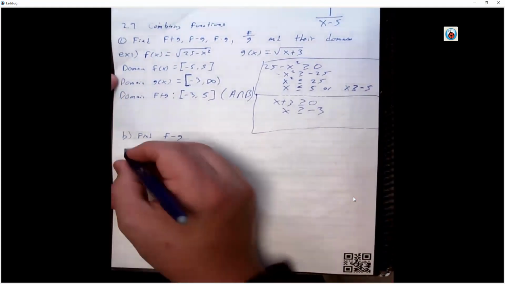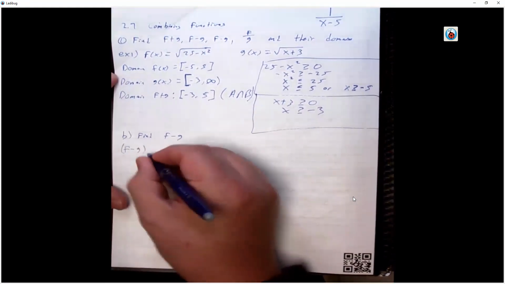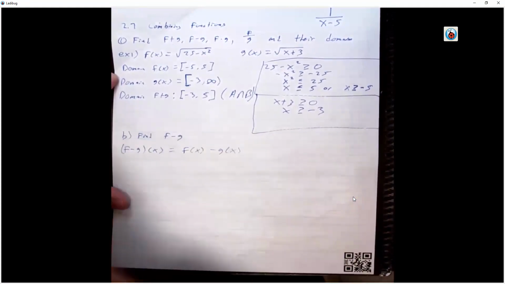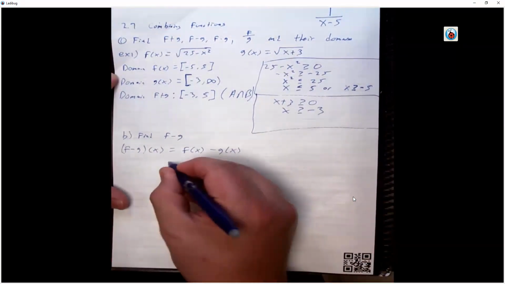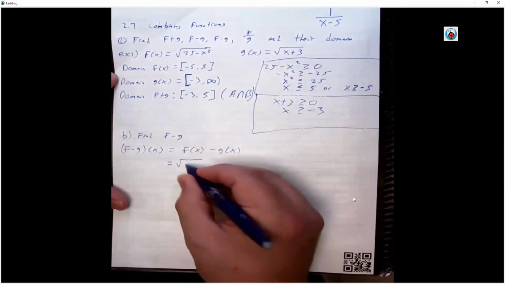So f minus would be pretty straightforward. So that's simply just this, and you're done.